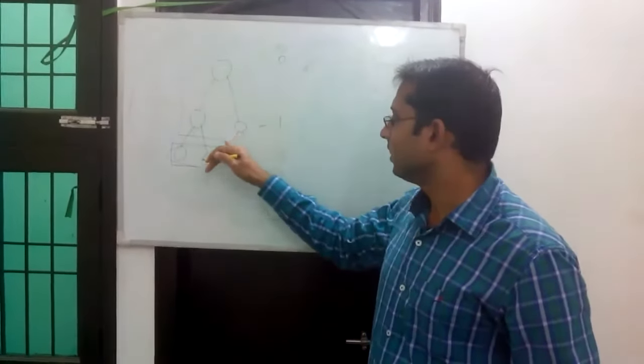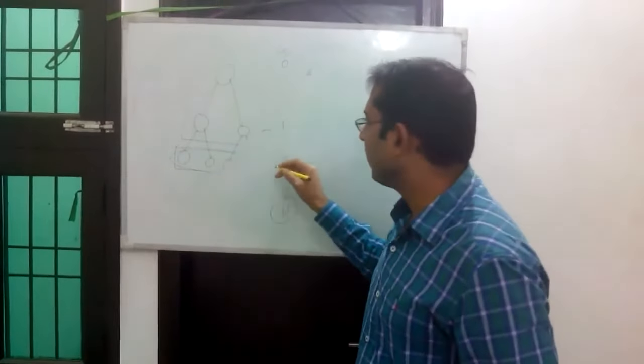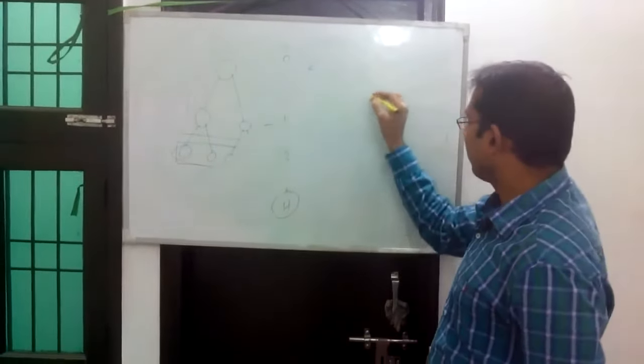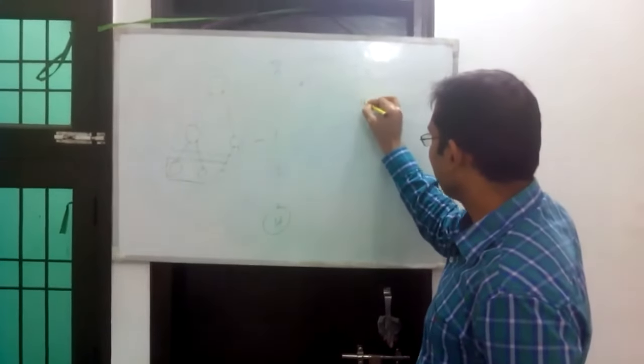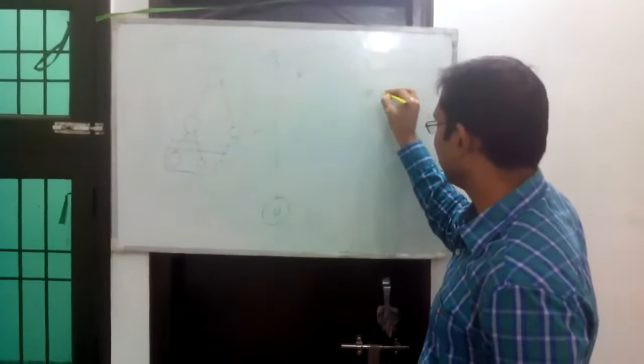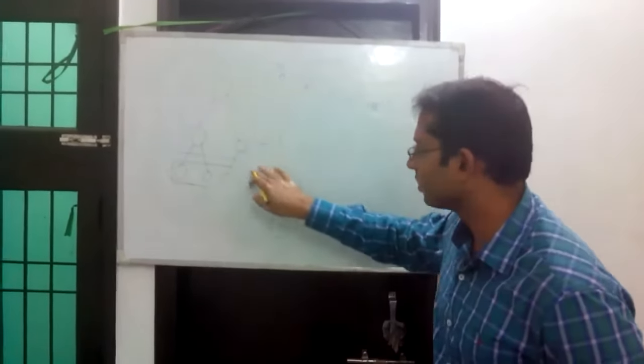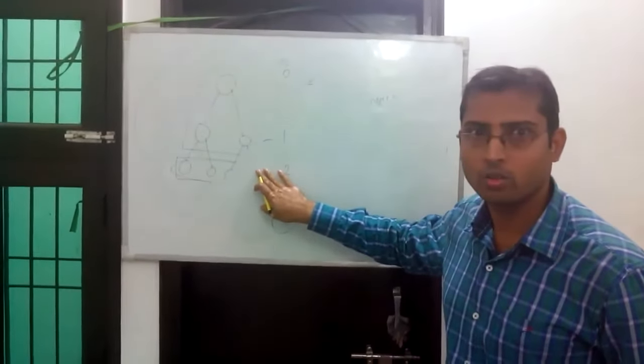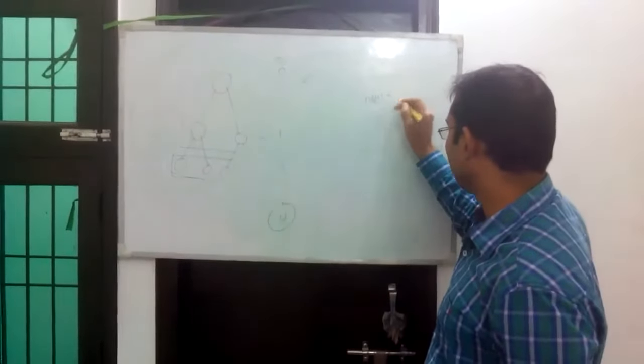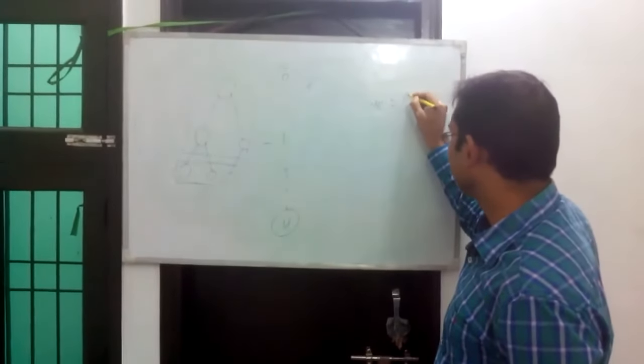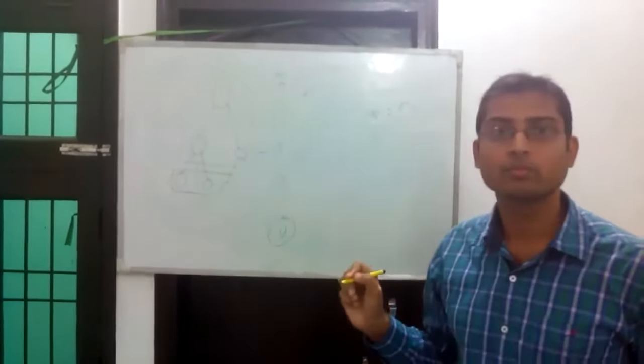I consider in between. So the range is: we already know the maximum number of nodes at height h, when all the nodes are considered, is 2 to the power h plus 1 minus 1.